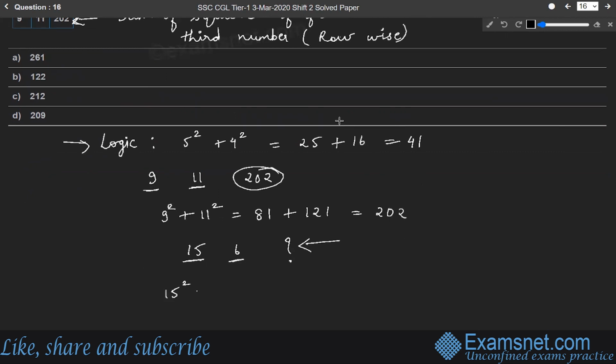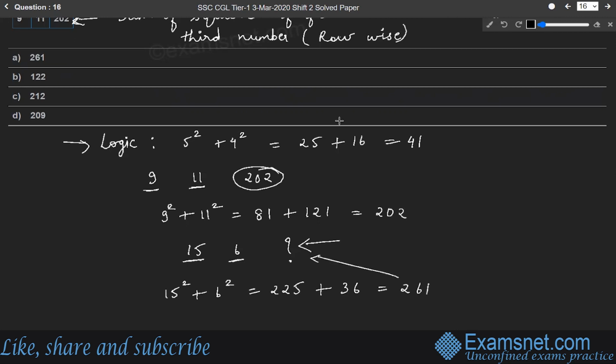So 15 square plus 6 square. What is the square of 15? 15 into 15 is 225, plus 6 square, which is 6 into 6, that is 36. So 225 plus 36 gives 261, which will be the third number.